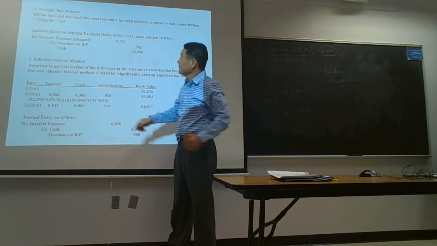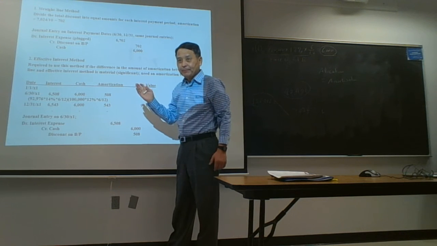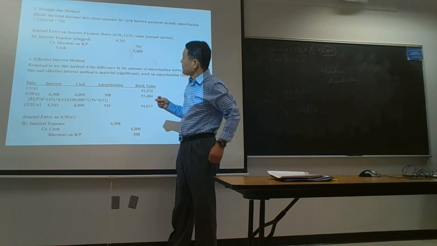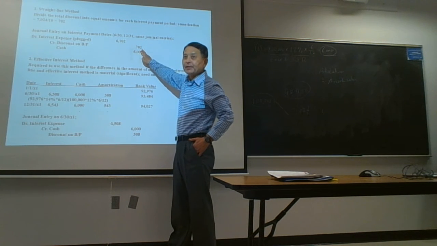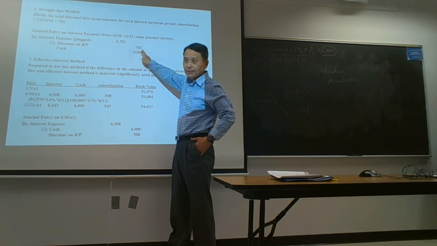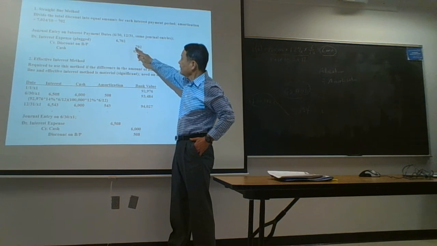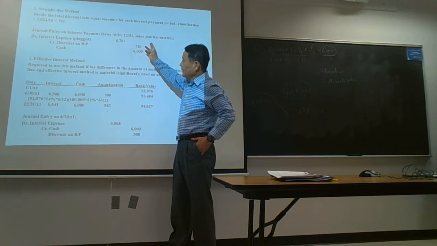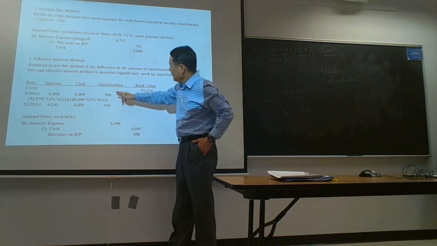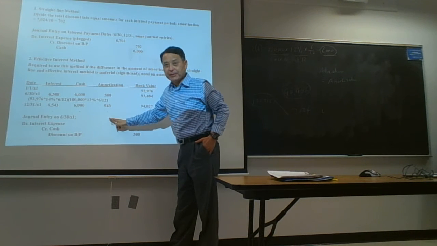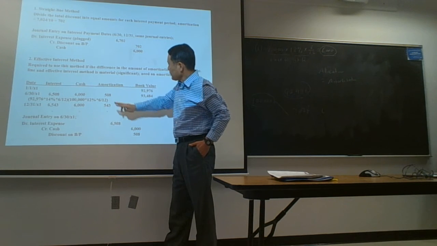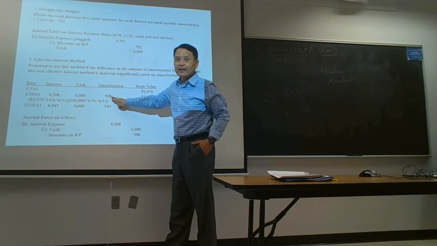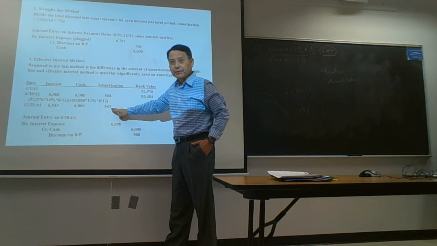On the straight line, the semi-annual or 6 months amortization of discount is 702. Same, right? Same all the time. On the effective interest, this is for amortization. As you can see on this table, the first amortization is 508, the second amortization 543.